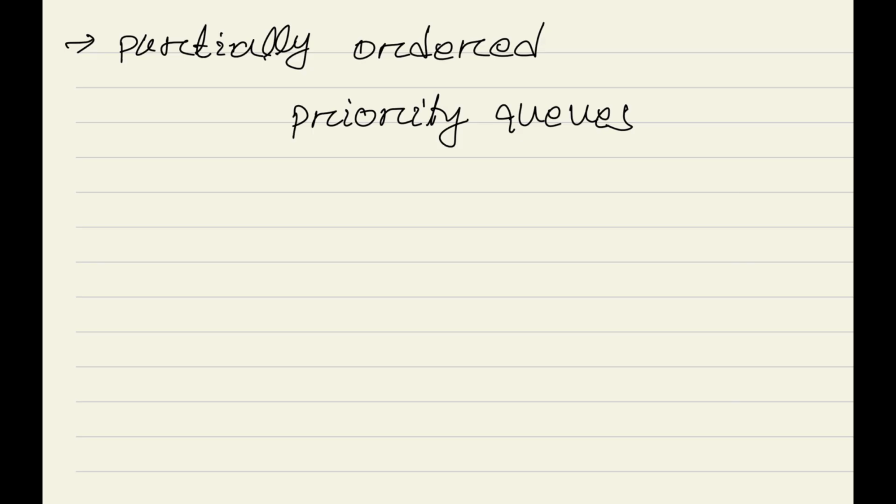and priority queues have a lot of implementations. Where is priority queue used? Priority queue is used in job scheduling by the operating system. Here priority queue is used.